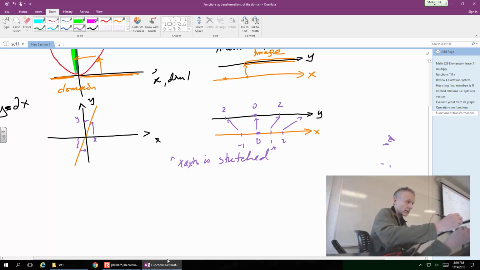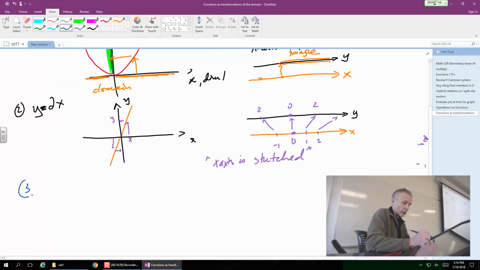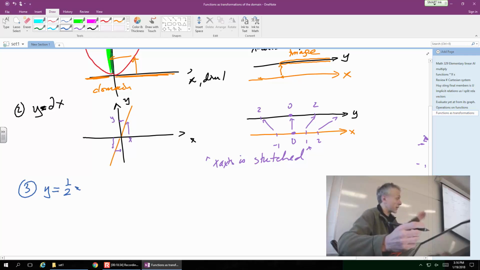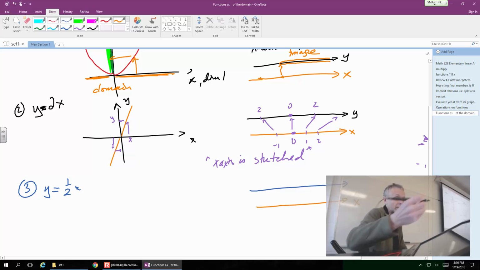Okay, yeah, a fraction of x. So can you give me a formula? So y equals 1/2 x. I don't want to plot the graph. I just go straight to what happens to the x-axis. And this will be a shrink.